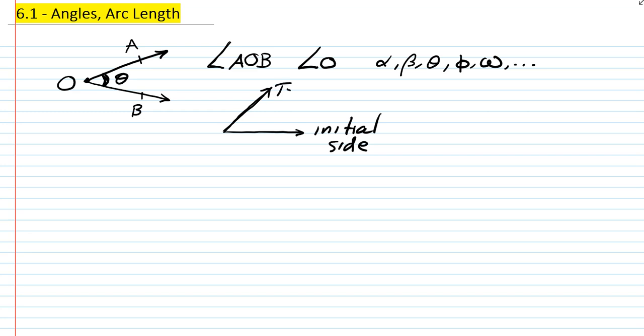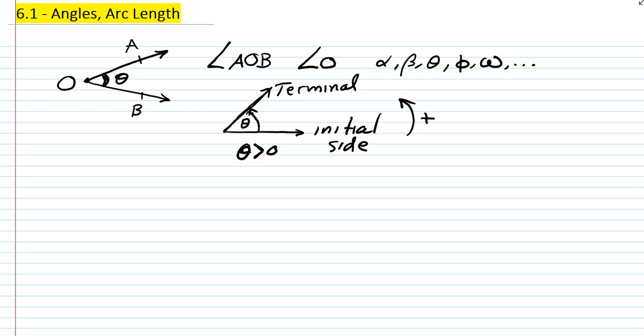The idea here is that the angle starts with the initial and then progressively works towards the terminal side. So this would be the measure of the angle that goes like that. An angle that goes in a counterclockwise position, we're going to agree by convention to call a positive angle. So remember, counterclockwise is positive.